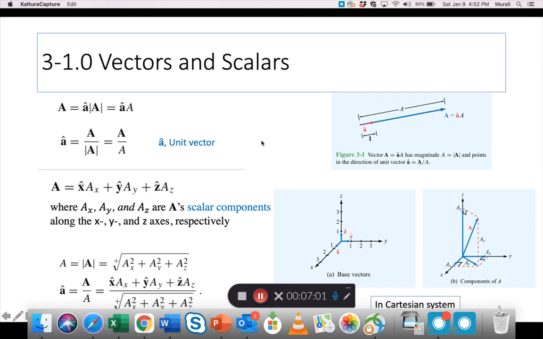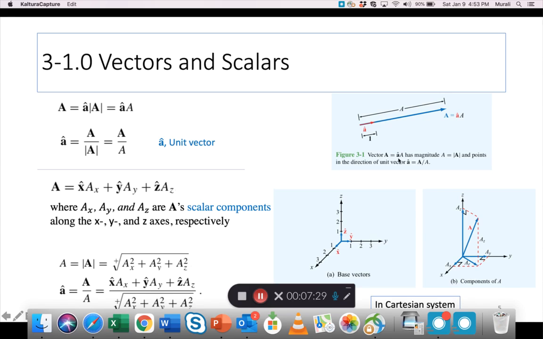So starting off with the fact that in figure 3.1 we see a vector, and the way it's written, vector A equals a unit vector times a magnitude, right? A equals A into a, where small a is a unit vector, and we have also studied the method of writing these in the textbook.